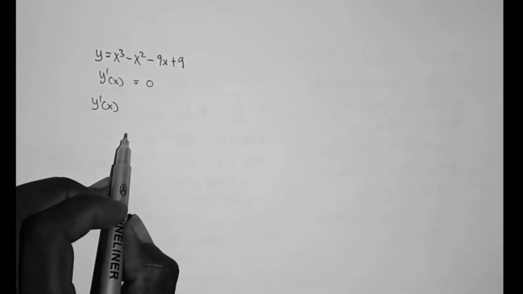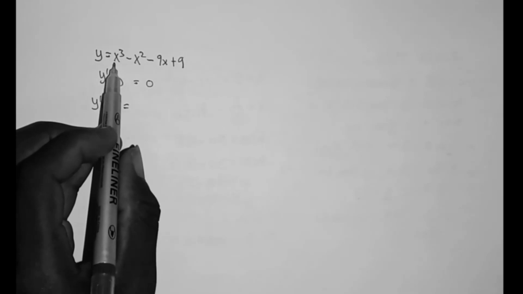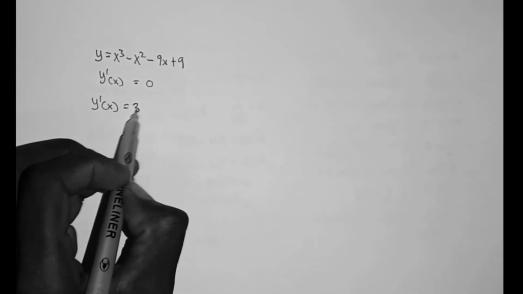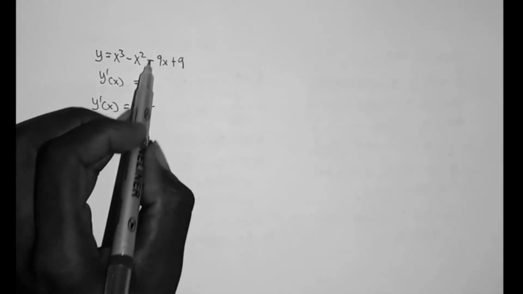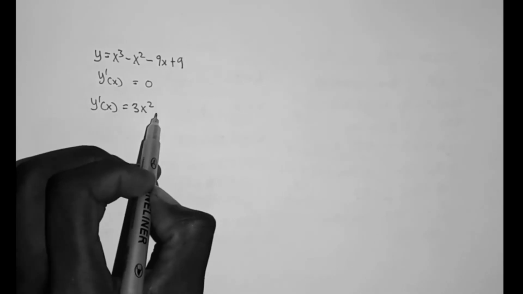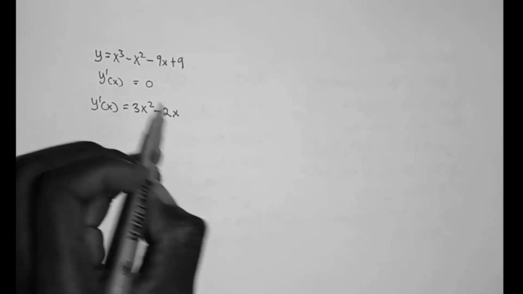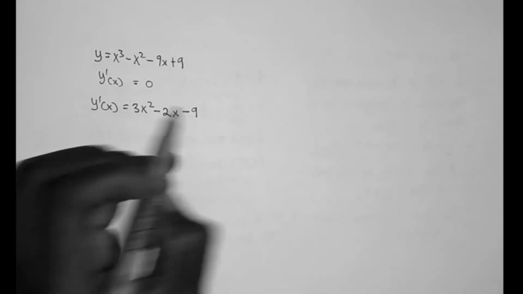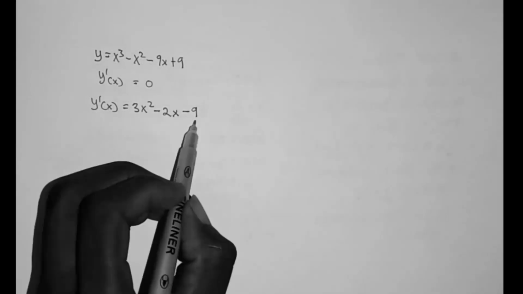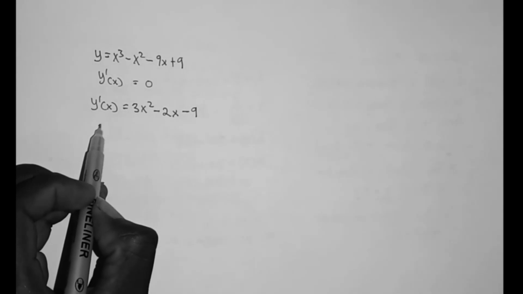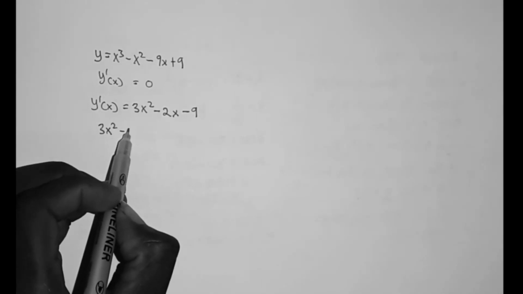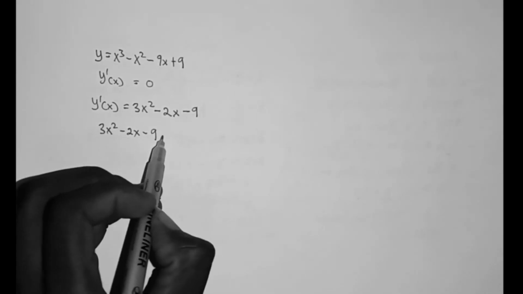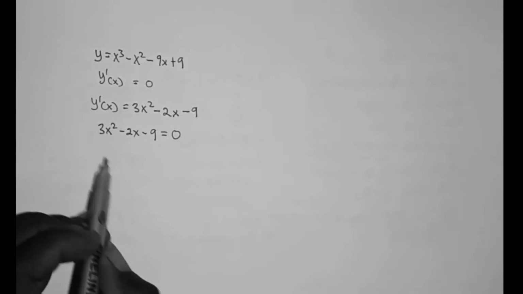Differentiate this function. If you differentiate x cubed, we'll get 3x squared. You differentiate minus x squared, it gives minus 2x. And if you differentiate minus 9x, it is minus 9. So let's take this and equate to 0. So 3x squared minus 2x minus 9 equals 0.